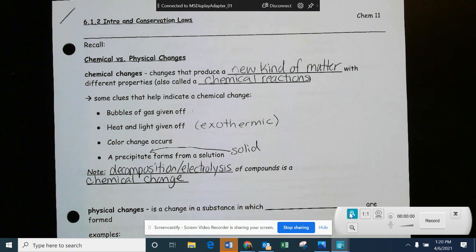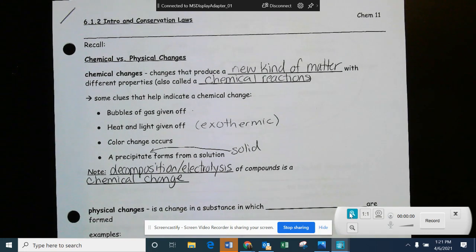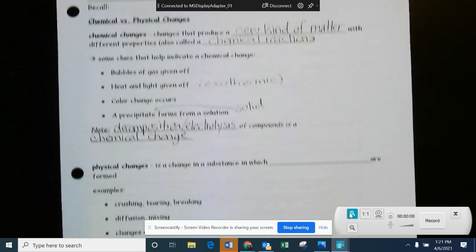So decomposition reactions, like hydrogen peroxide in that elephant toothpaste reaction that we watched, where hydrogen peroxide decomposes into oxygen and water, and creates gas. That's a chemical change. And do you remember the electrolytic cell that I made, where we could see the pink indicating an acid on one end and the bubbles on the other side? So that was an electrolysis reaction, and that was also a chemical change.